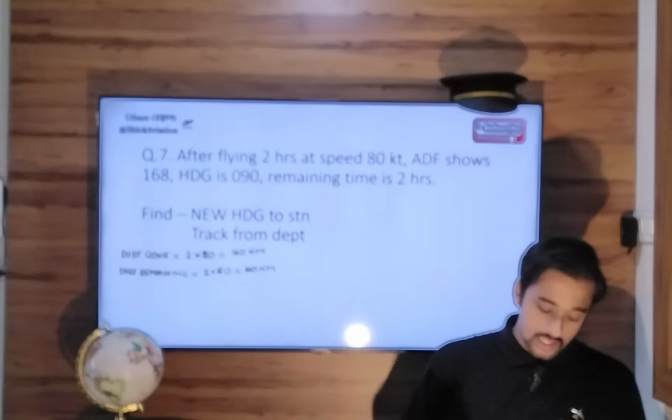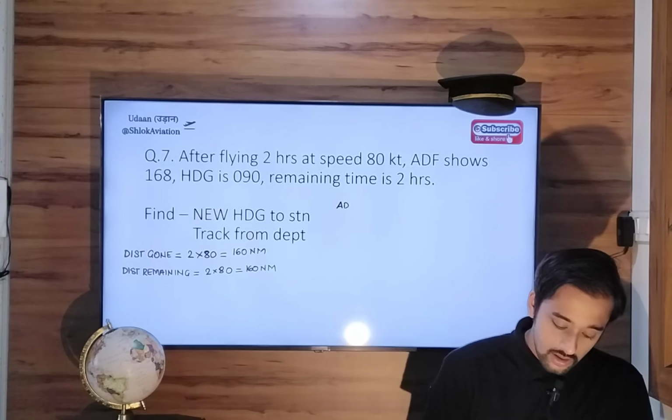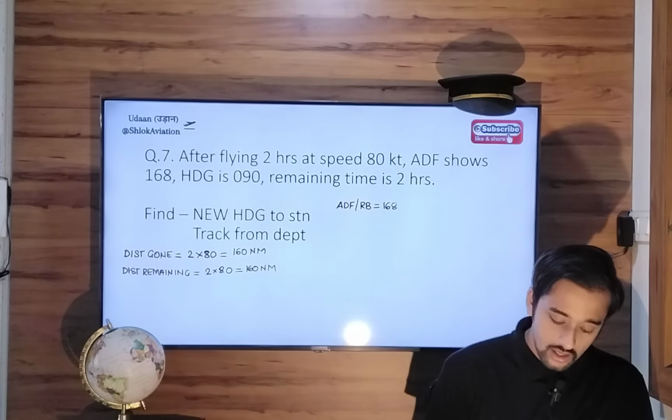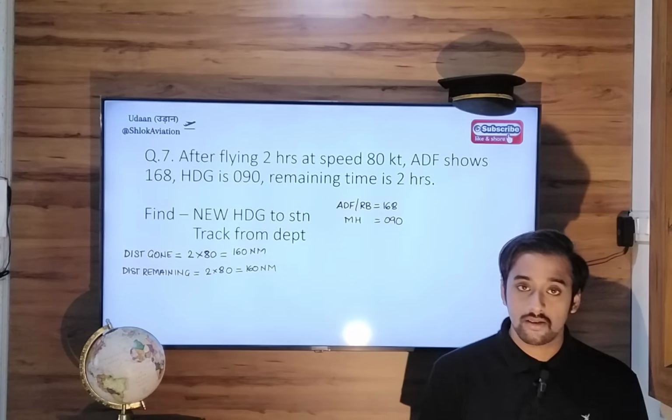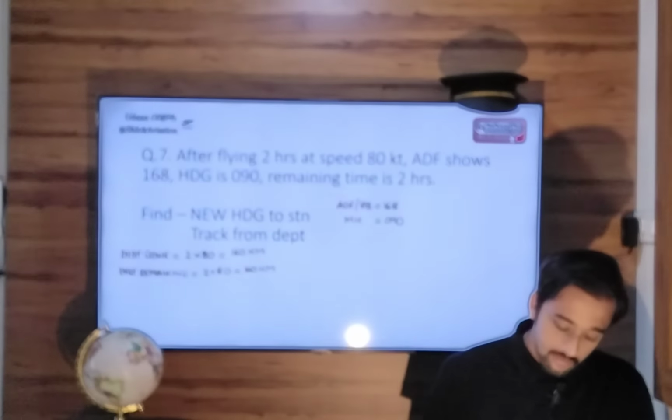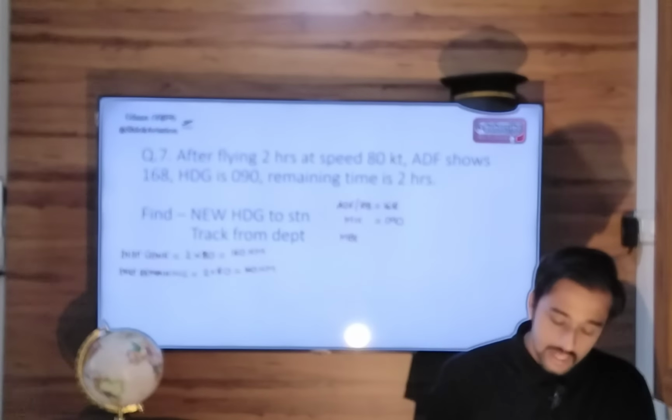Next, they have given us ADF, which is nothing but your relative bearing at 168, magnetic heading 090. With the help of these two, we will be able to find out magnetic bearing to the station, which is a combination of relative bearing and magnetic heading.